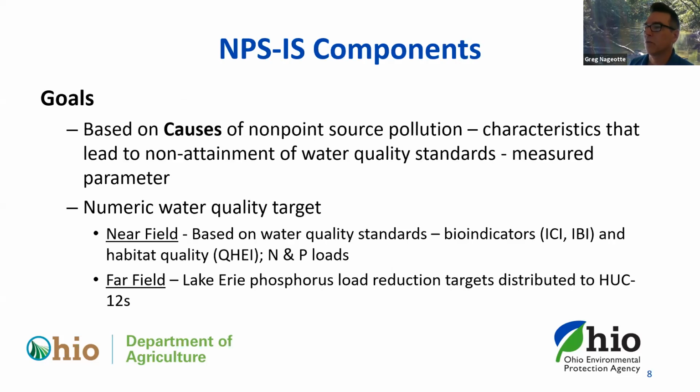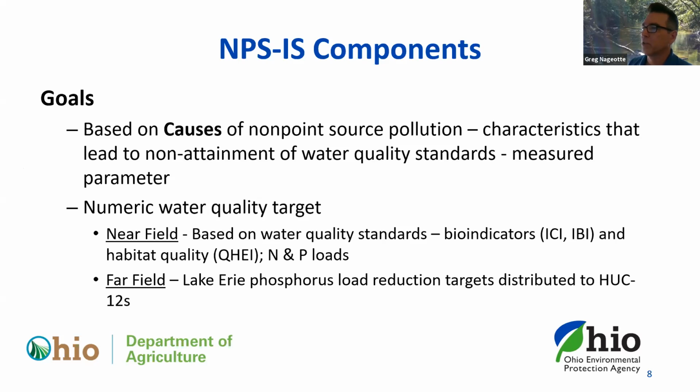So now I'm just going to really quickly go over the basic components of a NPS IS and set the stage for Rick to do a deeper dive. So goals, as we mentioned, causes and sources need to be in this plan. So our goals are based on the causes of non-point source pollution. With Ohio EPA, this has a technical definition.